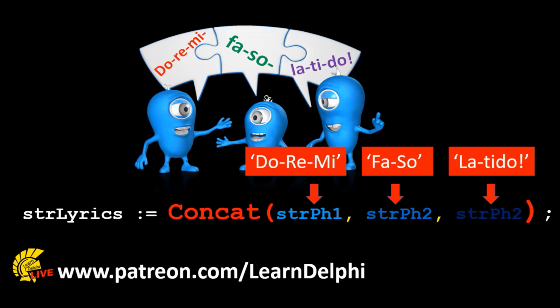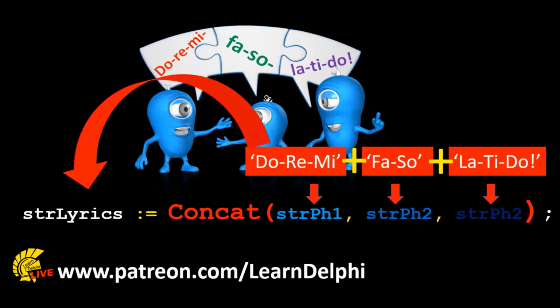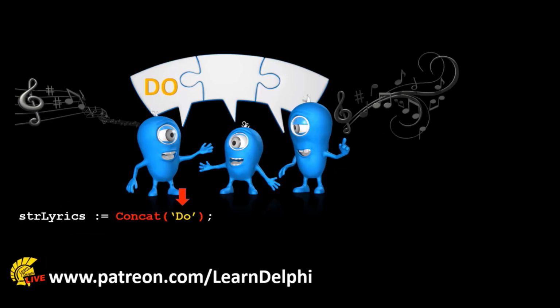The concat function will join the 3 phrases, just like we did in earlier lessons with the plus sign. The result is then passed as output and assigned to a string. The number of pieces of strings that you can pass is only limited by the size of your memory. Otherwise, you can concatenate as many pieces of strings as you need, like this.